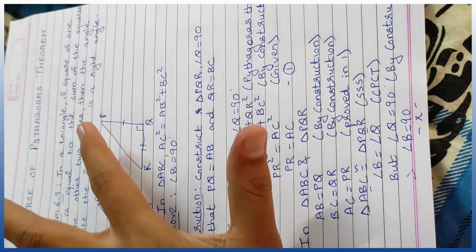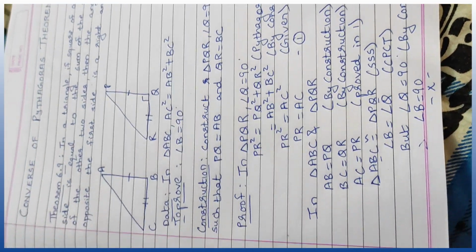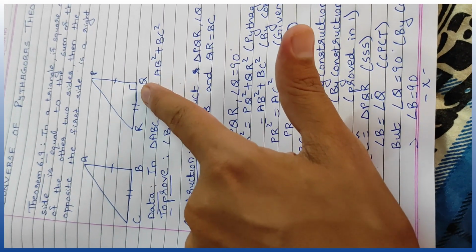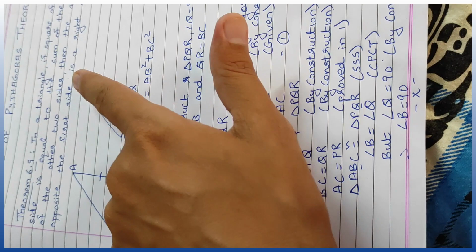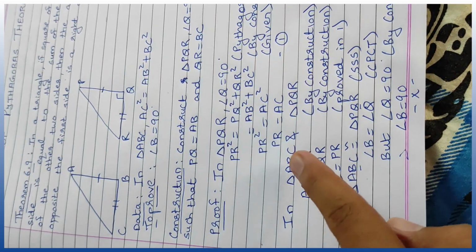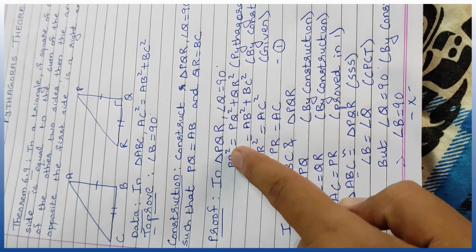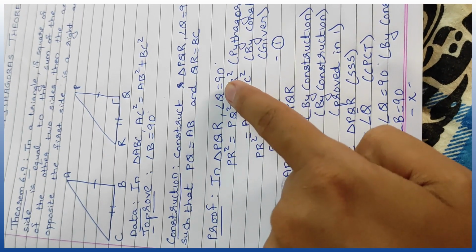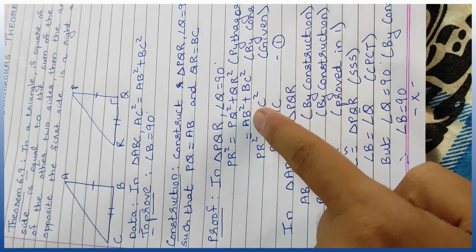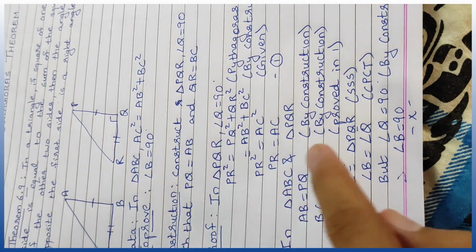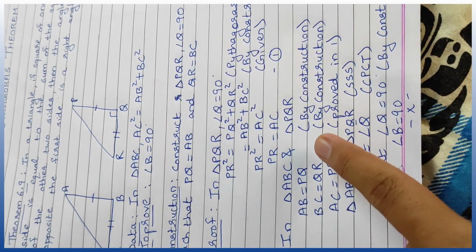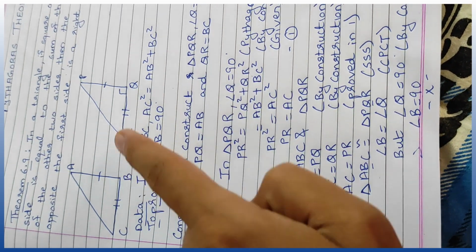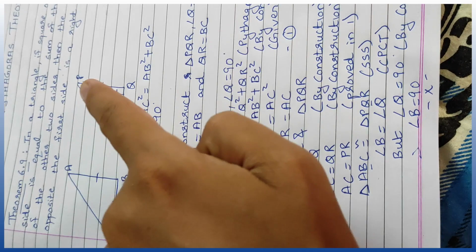What we have to do: make a triangle PQR, in which angle Q is 90, PQ is equal to AB, QR is equal to BC. Then apply Pythagoras theorem in triangle PQR. So PR² = PQ² + QR². Instead of PQ, put AB. Instead of QR, put BC. But AB² + BC² is AC² according to the data. Now look at these two triangles: AB equals PQ, BC equals QR and AC equals PR.